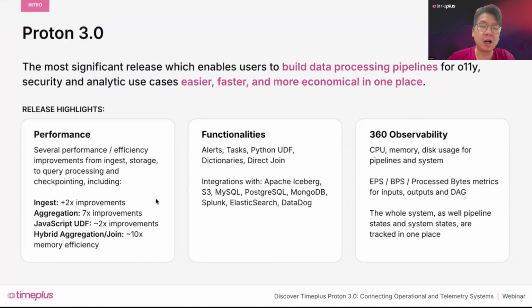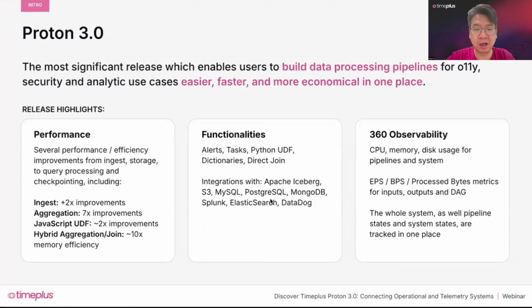You can see quite a lot of performance improvement: ingest 2 times faster, aggregation 7 times improvement, Java UDF 2 times improvement, and a hybrid join that is 10 times more memory efficient.